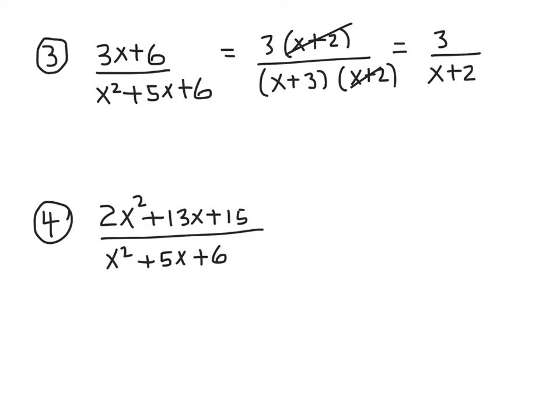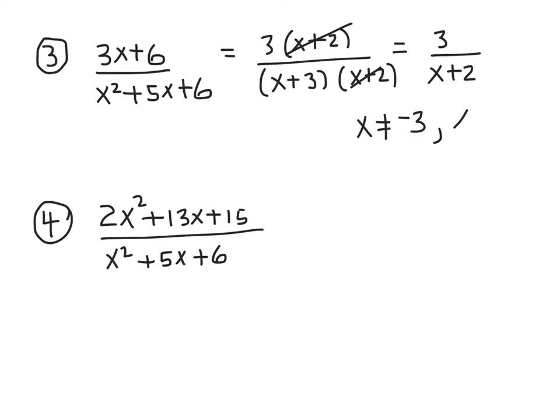So what are the restrictions? Remember, you always want to get the restrictions before you simplify. So I see the restrictions. X cannot be negative 3, because if I plug negative 3 into the denominator, I'll be dividing by 0.